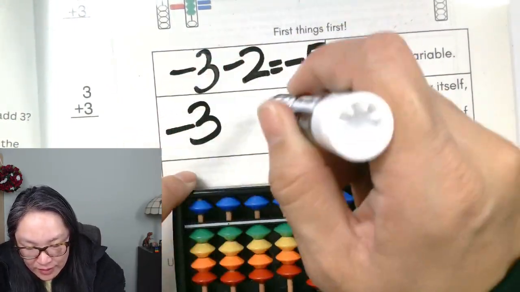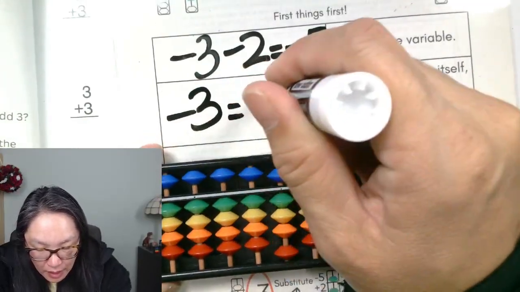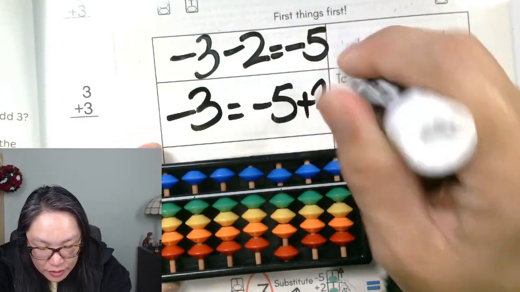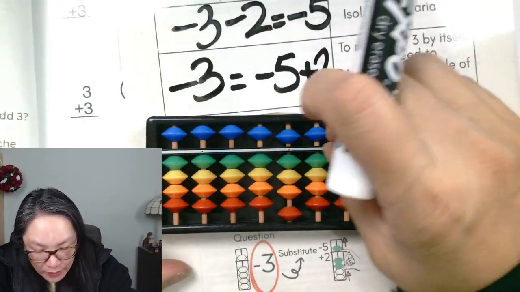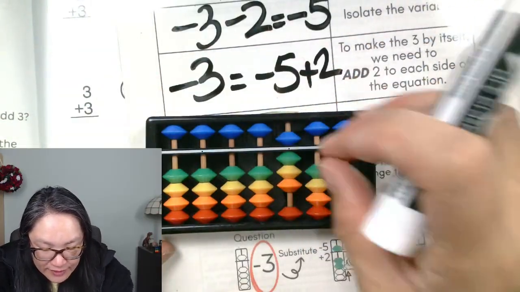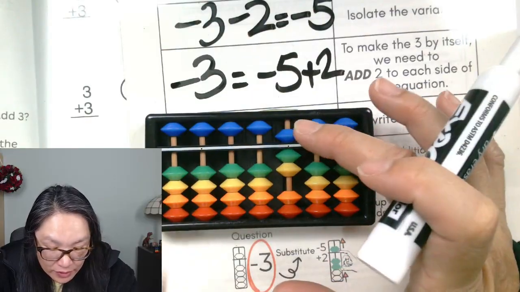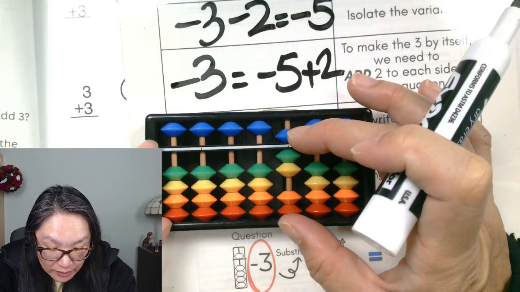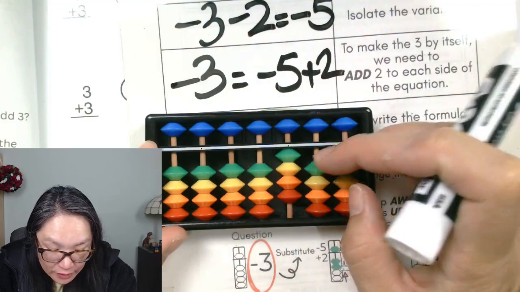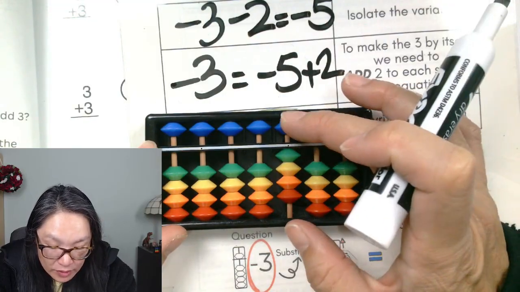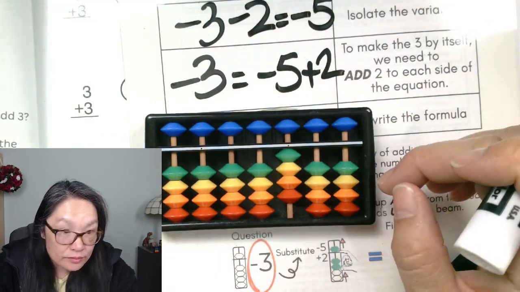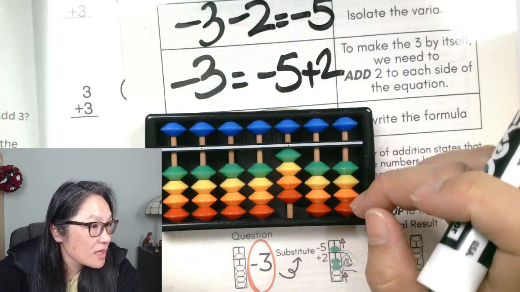So if I want to take away the 3, I need to minus the 5 plus the 2. Why are we doing that? Well, if you look, I have 7 and I want to minus the 3. To minus the 3, this is the number pattern. If I know how to add the 3, I know how to take away the 3. So what do I do? I minus the 5 plus the 2. Does that make sense?